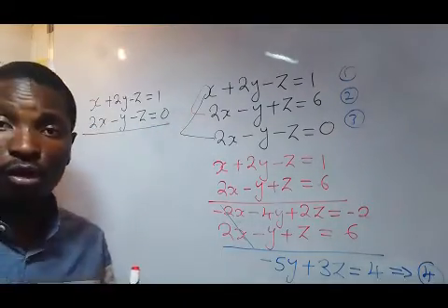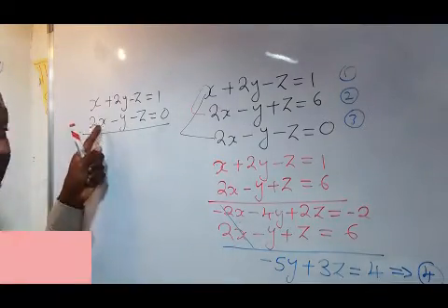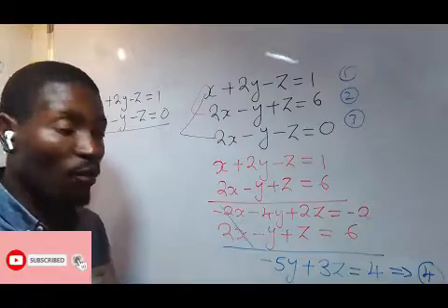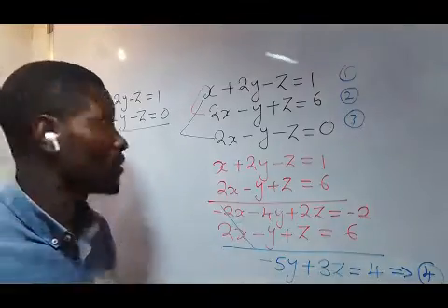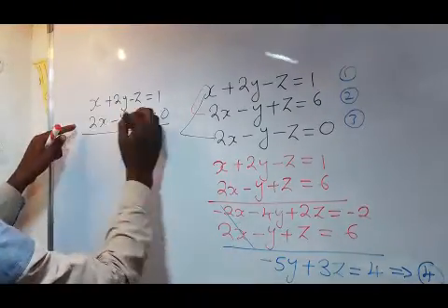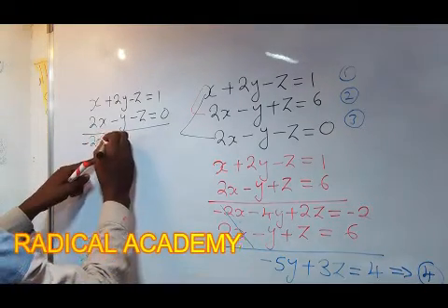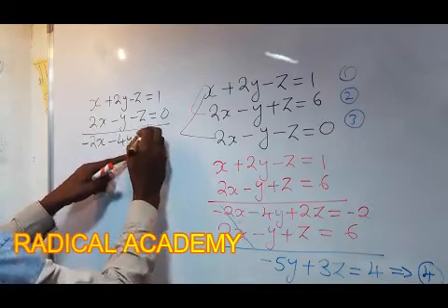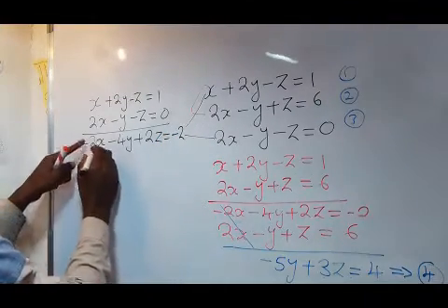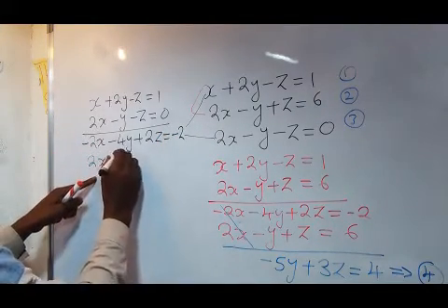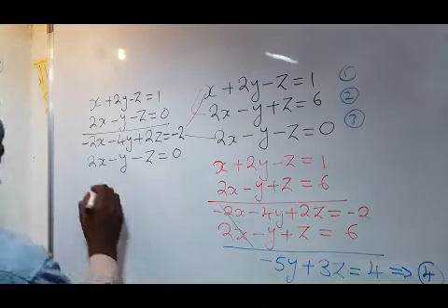So I'm going to eliminate them by eliminating the x variable, so that at the end of the day, somehow, I'm going to also combine that equation and this equation. Now this multiplied by -2 is -2x, then minus 4y, plus 2z equals -2. Then bring down this one, 2x minus y minus z equals 0.